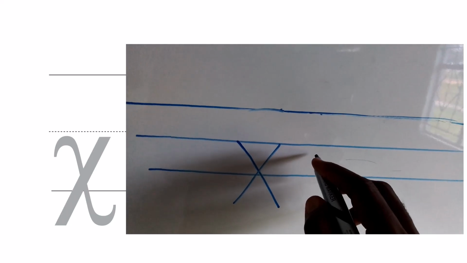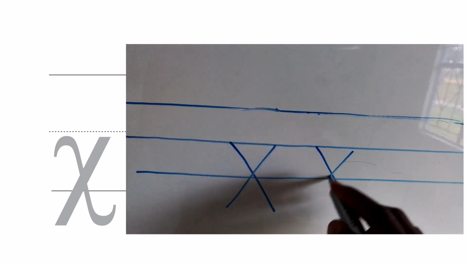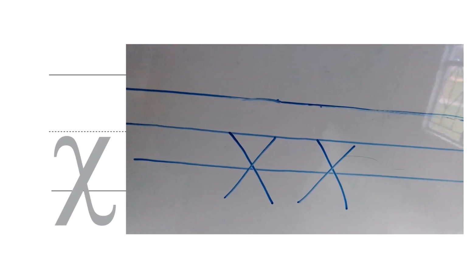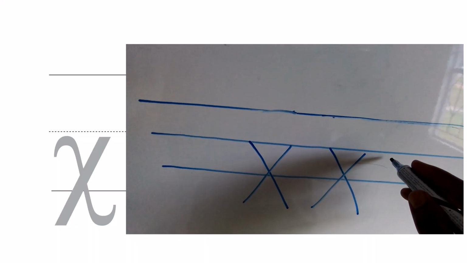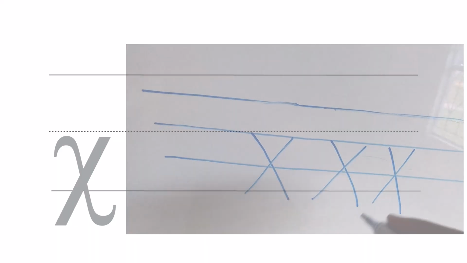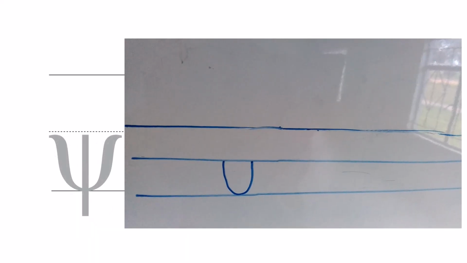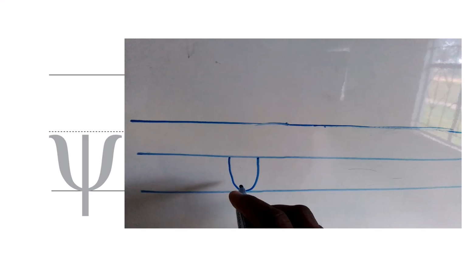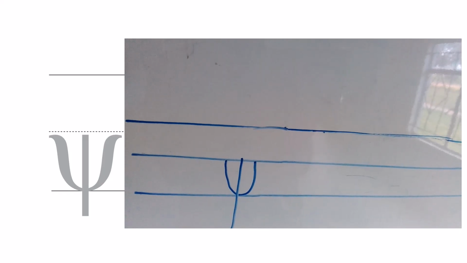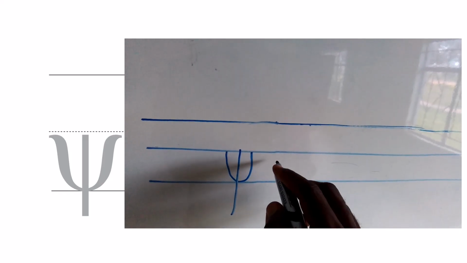It's slightly different because it has lines that are curving. The next one is psi. Psi is written as if you want to write U, but a U that is crossed and the line comes below the bottom line.